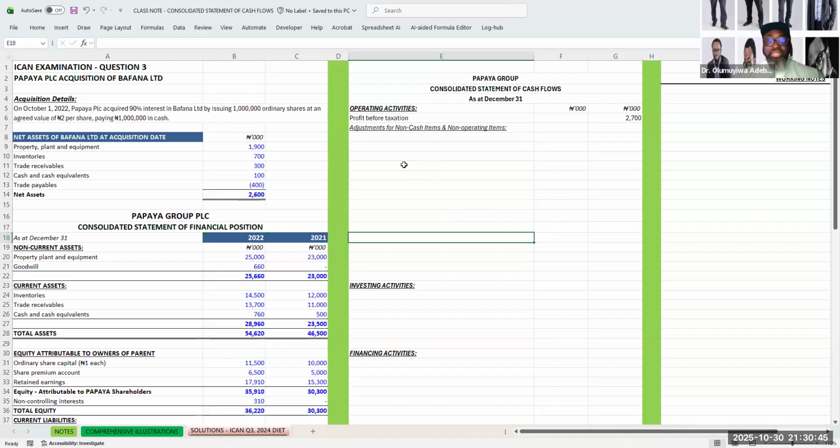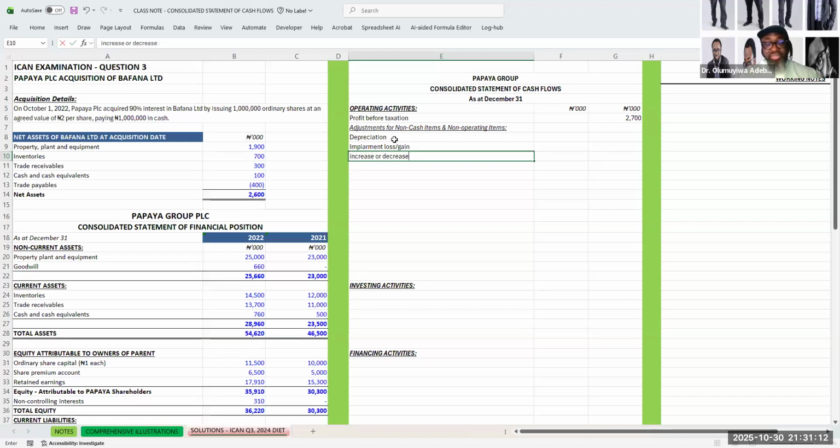Now, what are the things that are non-cash items? I can just provide a list, depending on whether they are required in this question or not is secondary. But we know that we need to adjust for depreciation, impairment loss or impairment gain, increase or decrease in any form of provisions, and profit or loss on disposal of assets and the like.